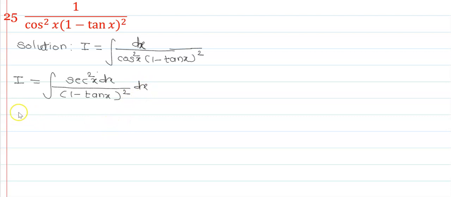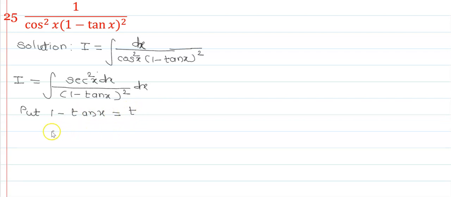Now the derivative of tan x is sec square x, therefore the substitution is: put 1 minus tan x is equal to t.